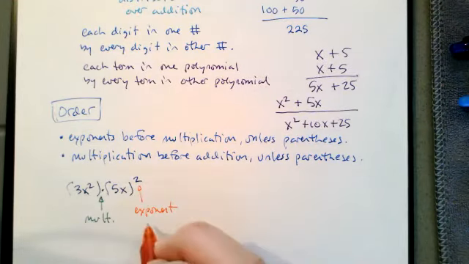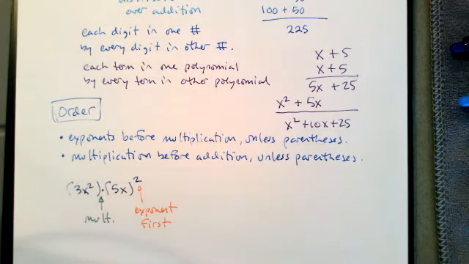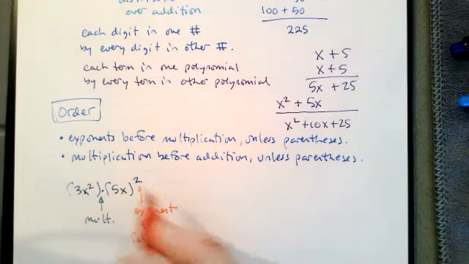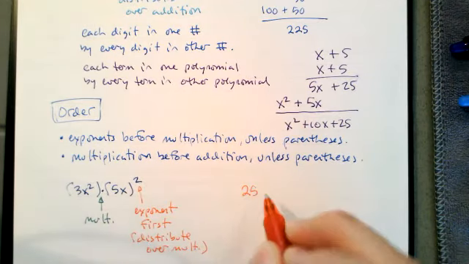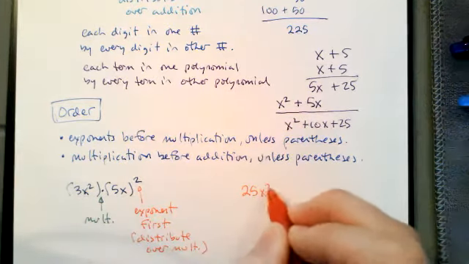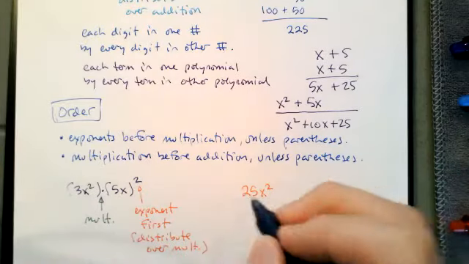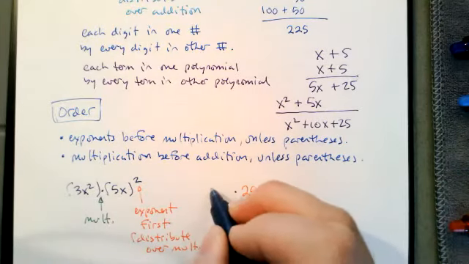So the exponent is going to go first. For 5x squared, I can square everything inside because exponents distribute over multiplication. So 5 squared is 25. X squared is just x squared. And then I multiply the 25x squared by the 3x squared.